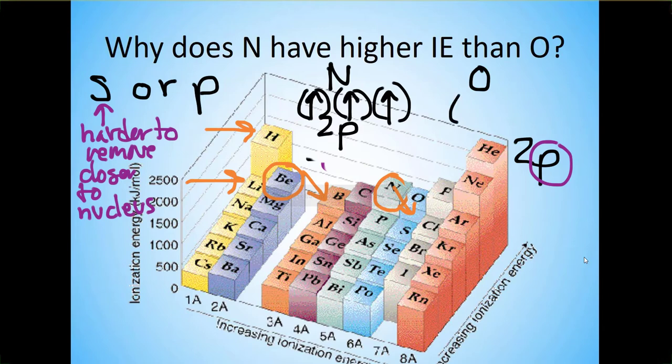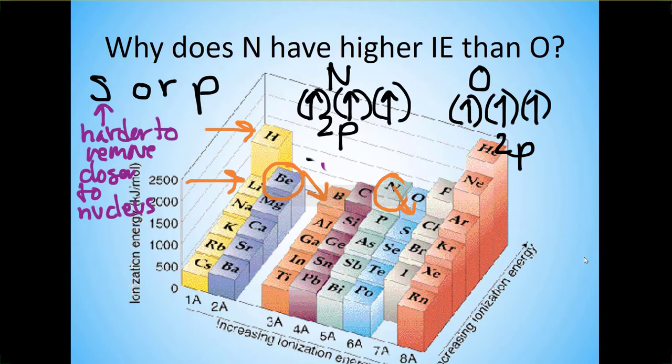And then oxygen, also we can draw the 2p, and we can draw in those electrons. So oxygen has 4 p electrons. And so what we're looking at is removing this electron and also this one right here.